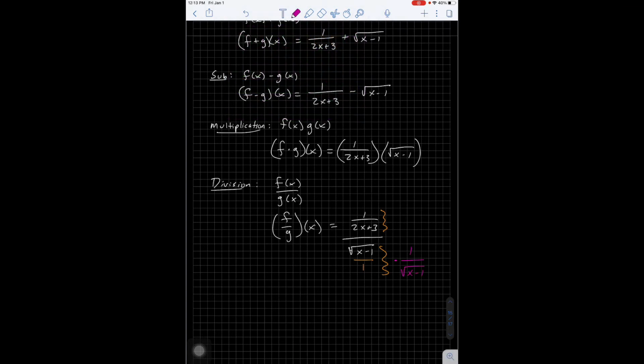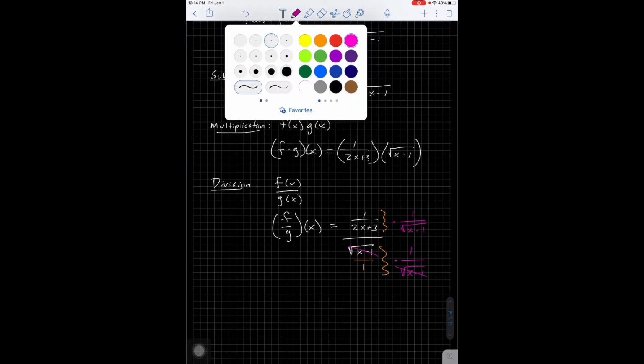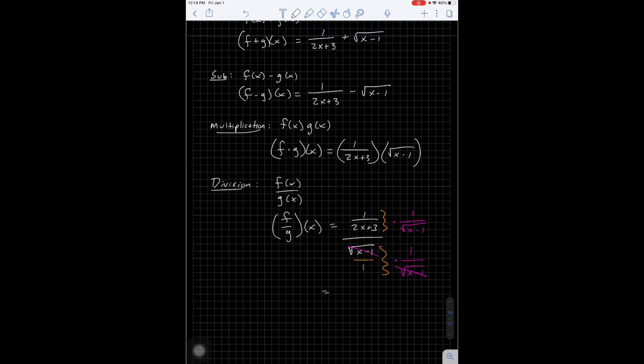Why do we do that? Because if you remember when you learned how to divide fractions, which is what we're doing here, to divide, you flip and multiply, which is exactly what we're doing here. Then these cancel, and we are left with just one fraction, which is 1 over 2x plus 3 times the square root of x minus 1. And that is our final answer for division there.